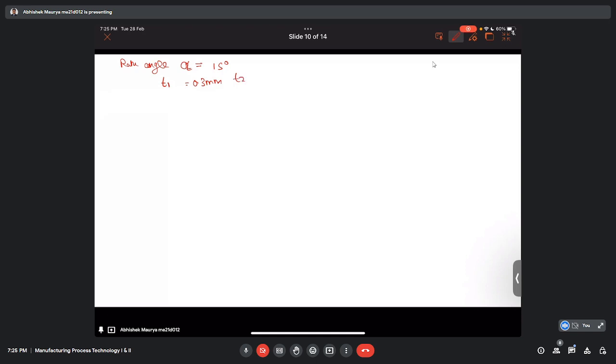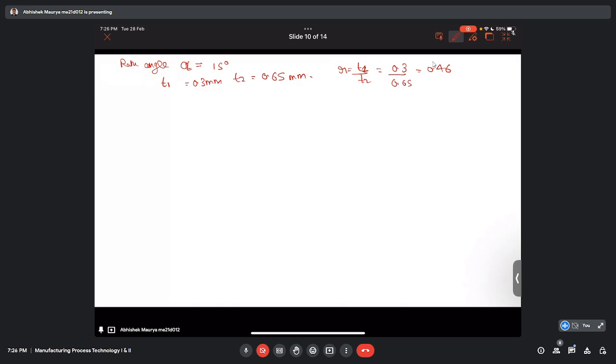T2 is the chip thickness after deformation, that is 0.65 mm. It is the same as earlier, and with the help of T1 and T2 we can calculate r equal to T1 by T2, 0.3 divided by 0.65, which is 0.46. It is the same as earlier.